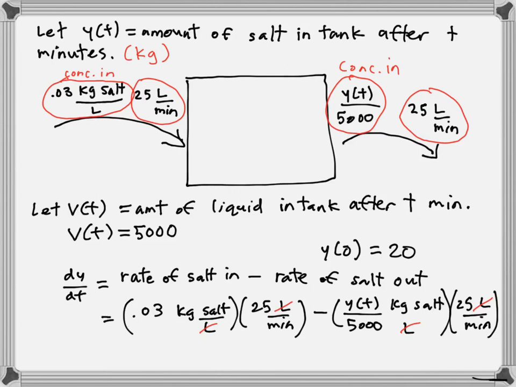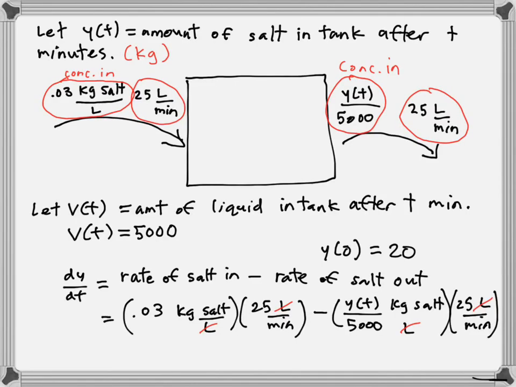We have dy/dt is equal to 0.03 times 25. Let's see, 3 times 25 is 75, but this is going to be 0.75, right?